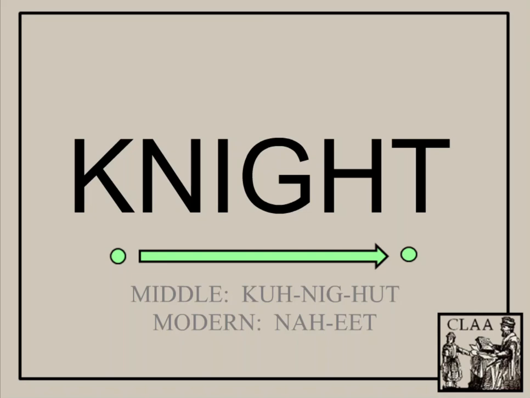The long E in the middle of the word becomes I, and the GH cluster is silent. Both letters are silent. In Middle English, this was knigut. But in modern English, this word is pronounced night.